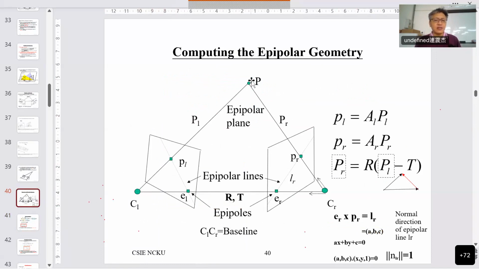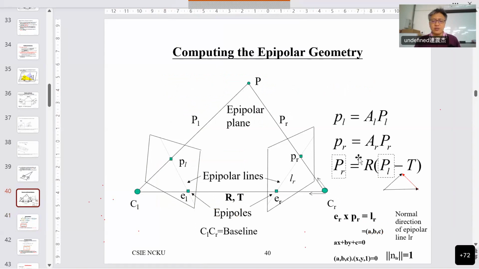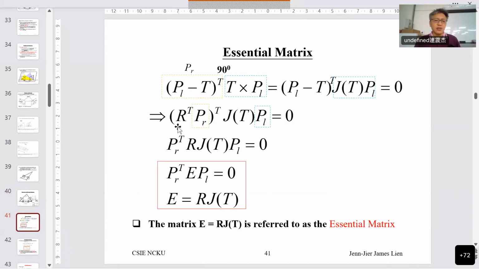P left is a vector here, and T is here, and your result will be P right. P left minus T will become P right here, this vector. Okay. So P left minus T will become this one, which will actually become this equation: R inverse times P R. So it will be here.